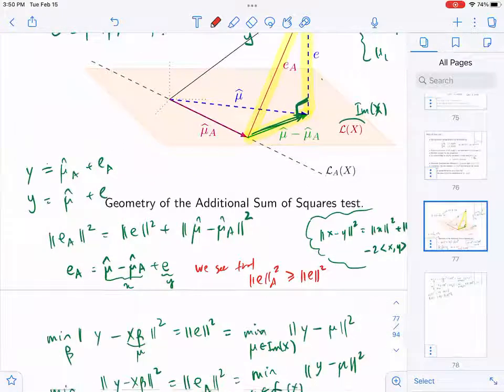Great, so that's the idea. This term is non-negative. And so what you get is that at best it is equal to this guy. Otherwise, it has to be bigger.